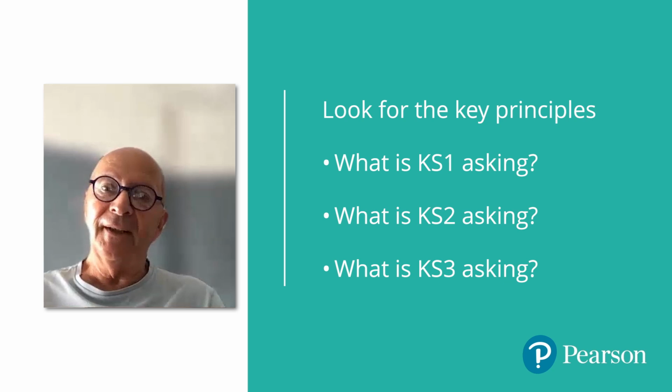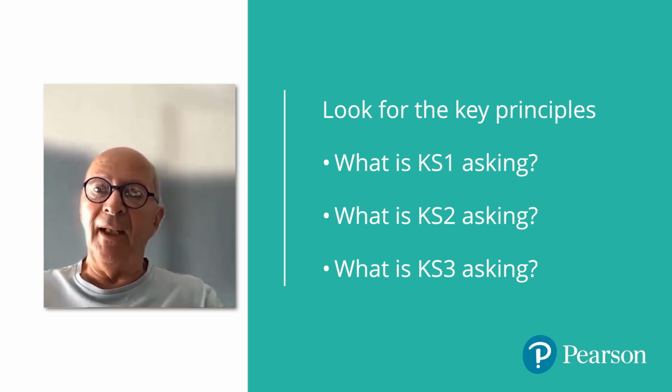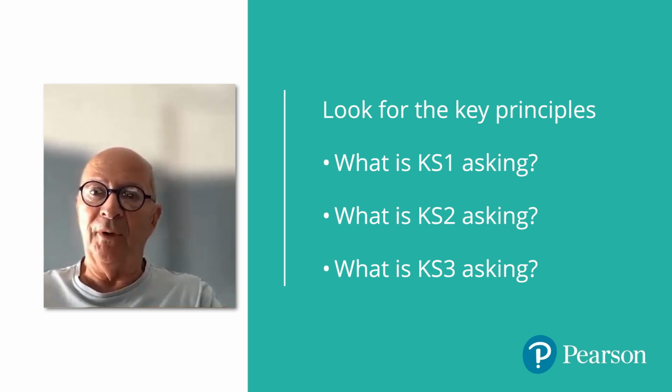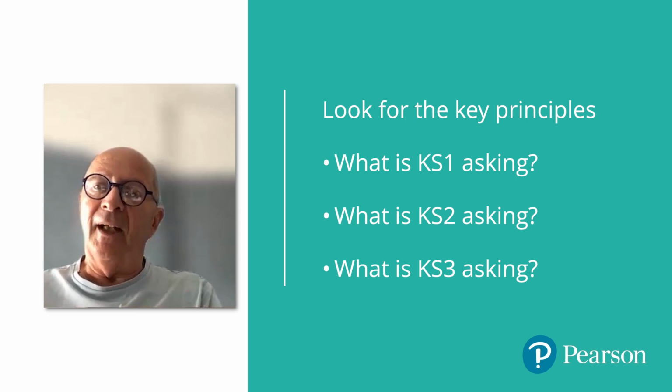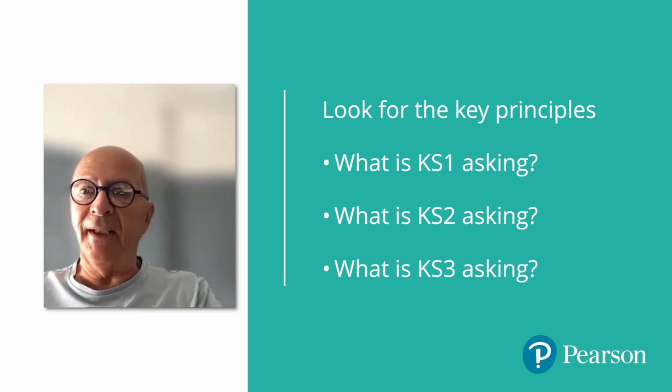Well, again, you need to look at the program of study, because what that actually does is give a series of principles and things that you need to try and teach to the students, but each key stage builds on the last one. So you need to go right back to Key Stage 1 and look at the principles there, and then think, right, well, what happens at Key Stage 2?